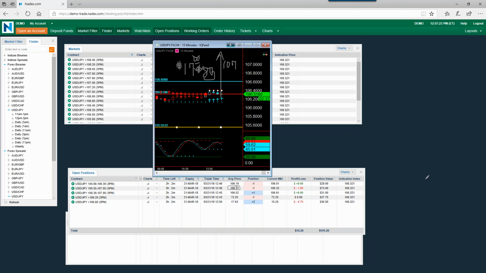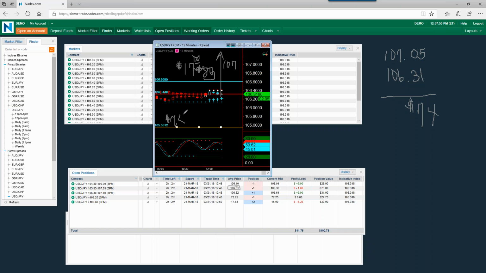So our entry price was 106.31. The ceiling price was 107.05. So if we subtract these, then we have $74 of risk on the spread. Do you see that, Antonio? So this one, the risk is 74.